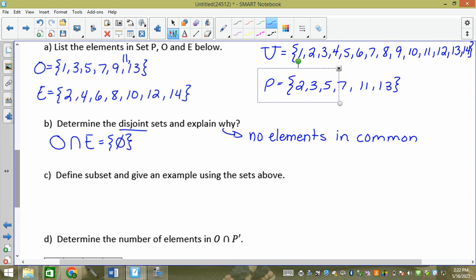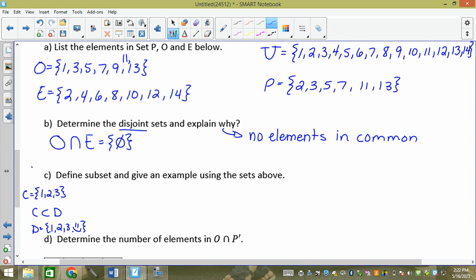An example, don't write this: if I had 1, 2, 3 as set C, and C was a subset of D, what would D have to have at least in it? 1, 2, 3. And would that be enough? Yeah, and it could have more added. It would still work, in order for C to be a subset of D.